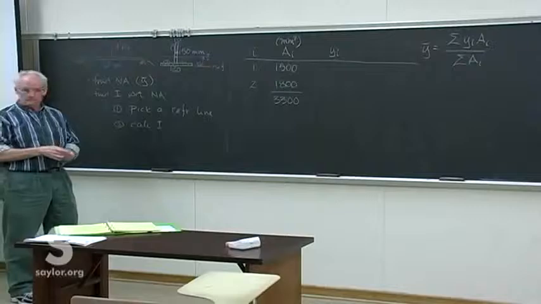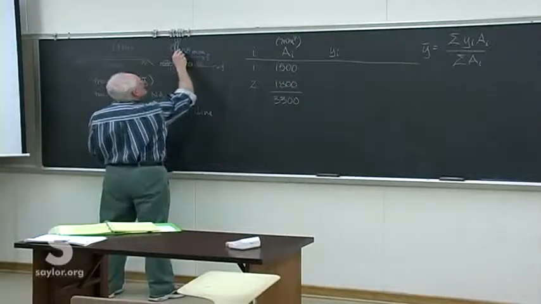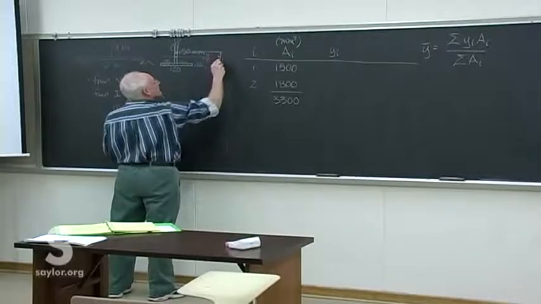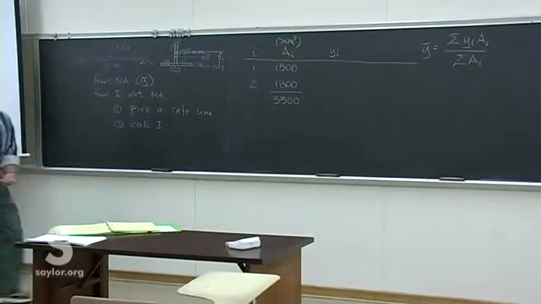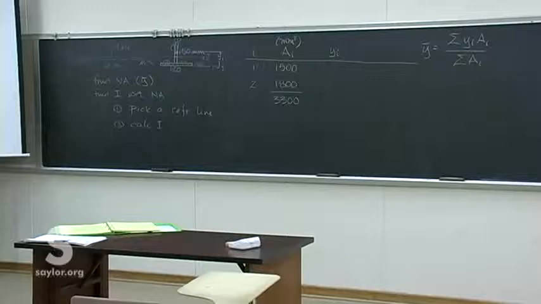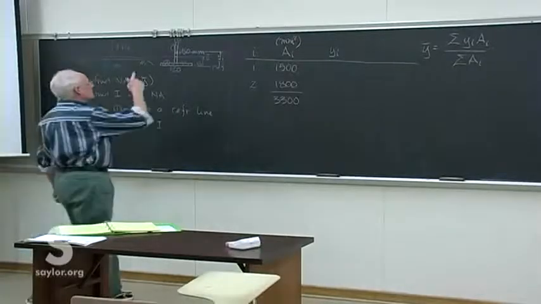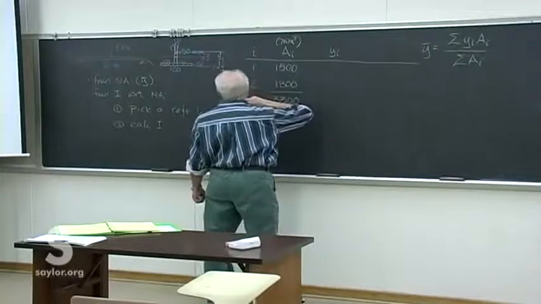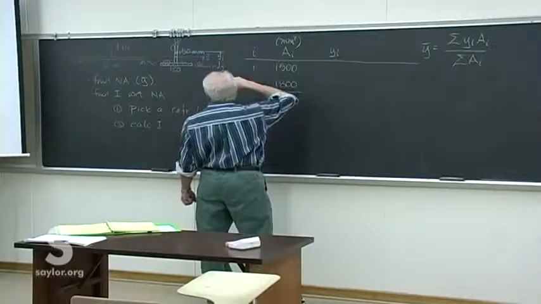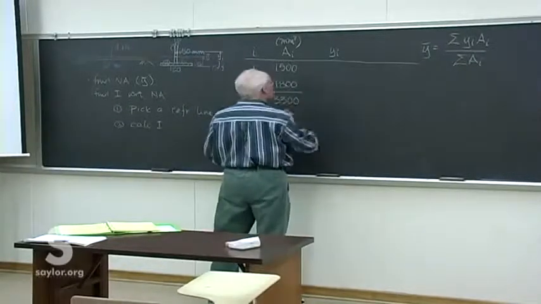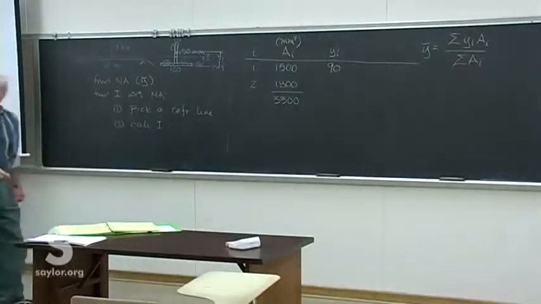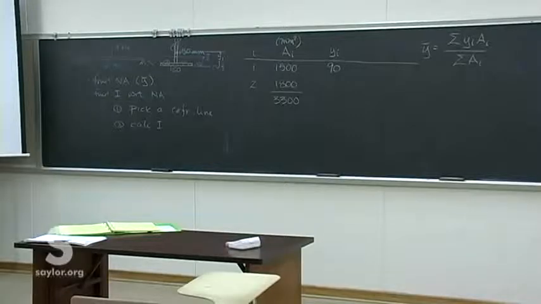Is that right? That's the location of Y1 from my reference line, which was just a matter of convenience. Could have picked it anywhere, doesn't matter. We're just looking for the neutral location so we can then be done with that reference thing. So what is that? That's 90? Agreed? Everybody see that?